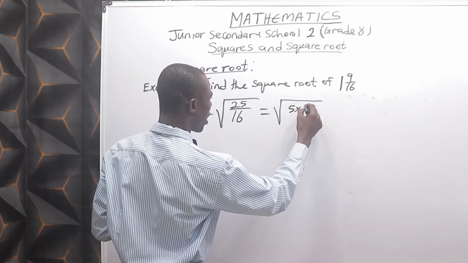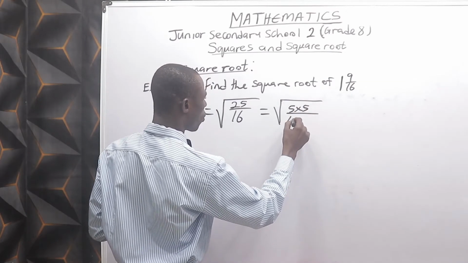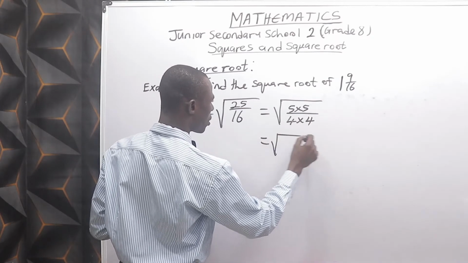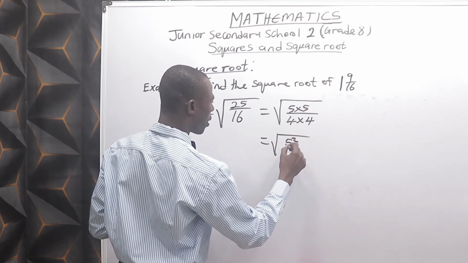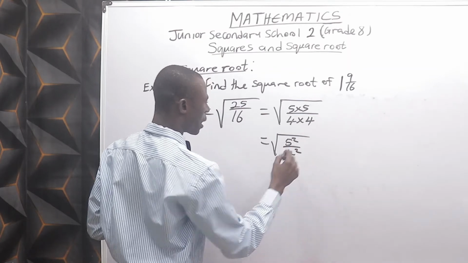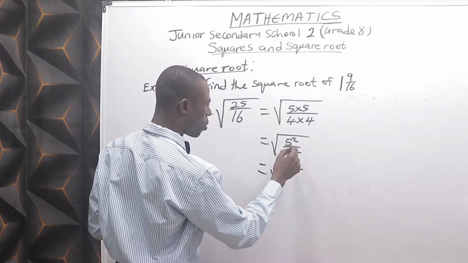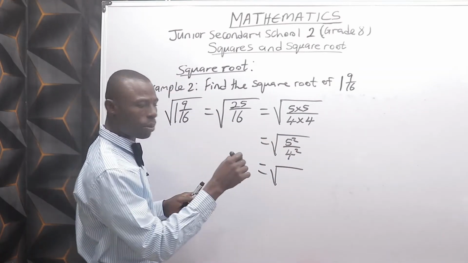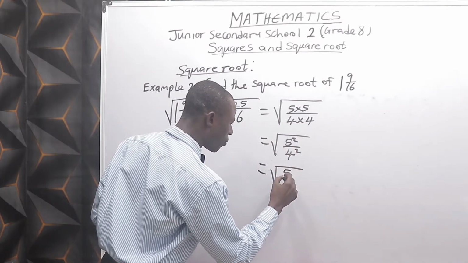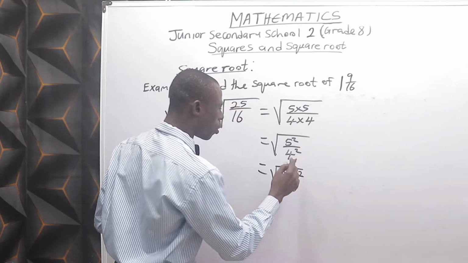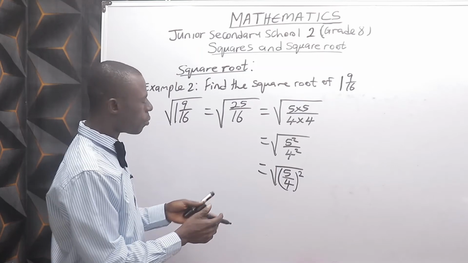5 times 5, all over 4 times 4. And that gives 5 squared over 4 squared. Are you following? That power 2 is common to both the numerator and the denominator. So we write 5 over 4 all raised to power 2, because that power 2 is common to them both.